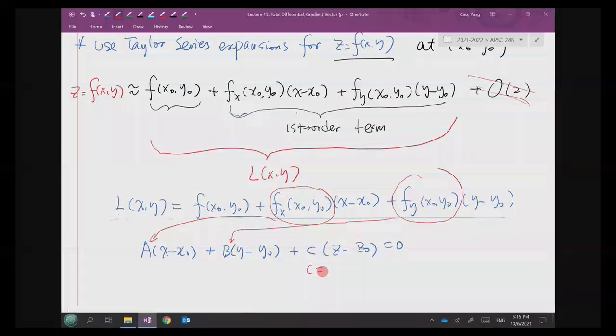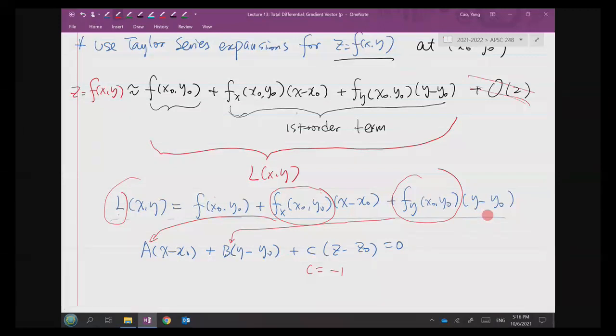It's -1. So this L here is basically my z, and this f here is a constant. That's your z naught, or maybe we should call it L naught. So my point is, this L expression is basically a plane equation.